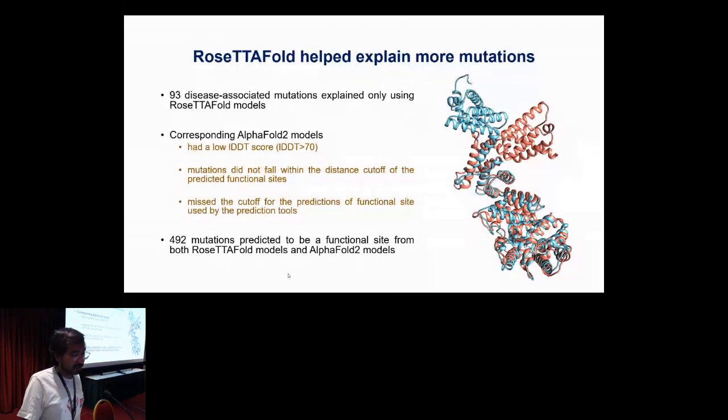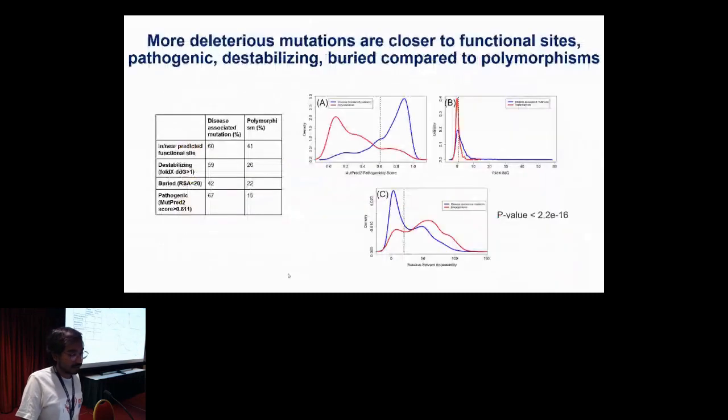Along with deleterious or pathogenic mutations, we also compared polymorphisms to see how they differed from the pathogenic mutations. In red are the polymorphisms, in blue are the disease-associated mutations. The first plot is of the pathogenicity score. We see that more disease-associated mutations are pathogenic as compared to polymorphisms. The second one is the delta-delta G predictions.